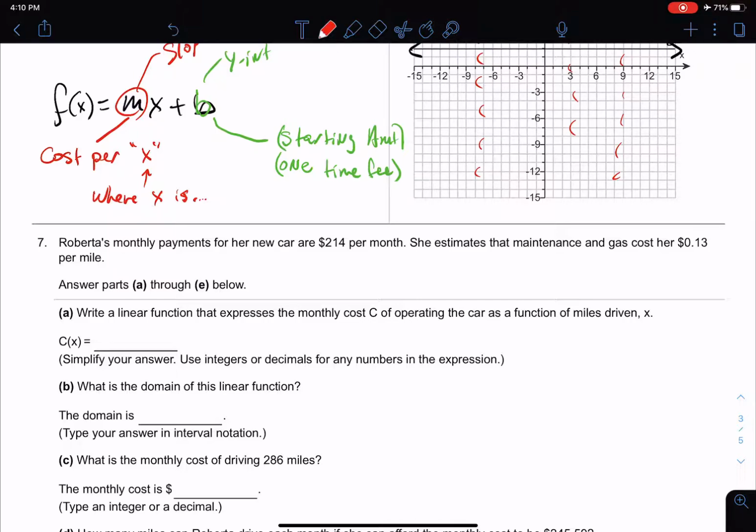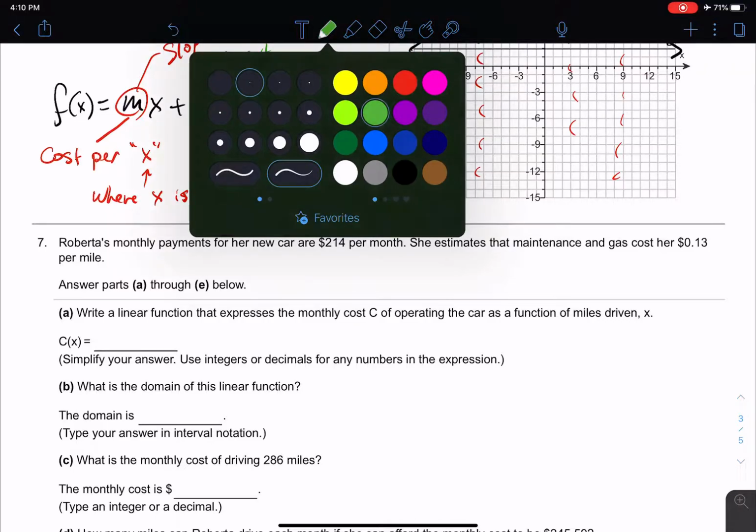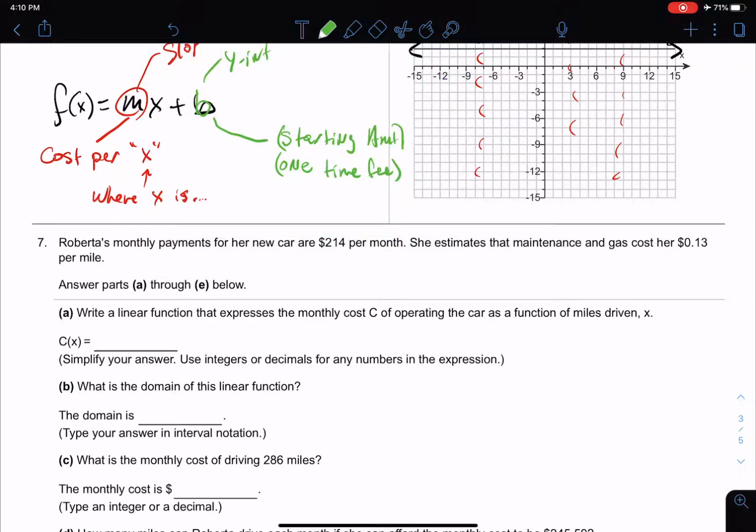Write a linear function that expresses the monthly cost C of operating the car as a function of miles driven. Basically, Roberta has a monthly cost for her car that she has to pay, and that's what we're trying to figure out. Write a linear expression that expresses the monthly cost for her car.